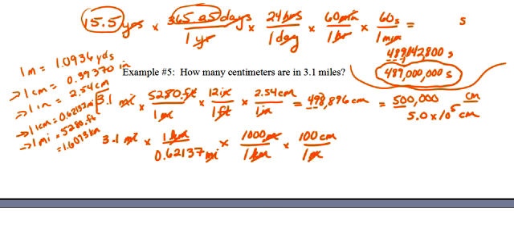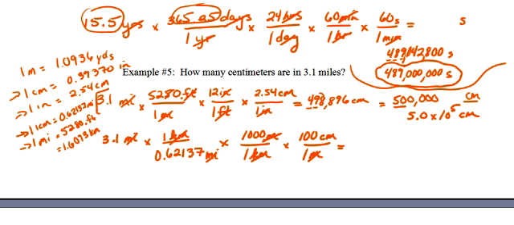Those are metric conversions that you kind of need to know. Although we'll talk about which metric conversions you do need, kilo and centi you should know. So now you're left with centimeters, which is what you're looking for. You need to multiply numerators and divide by denominators.